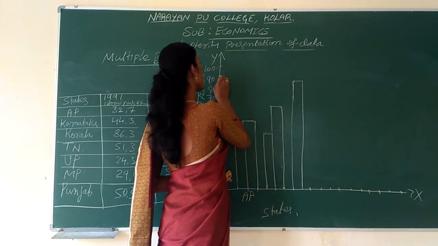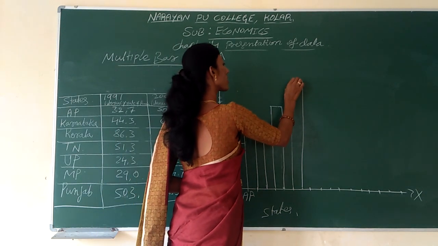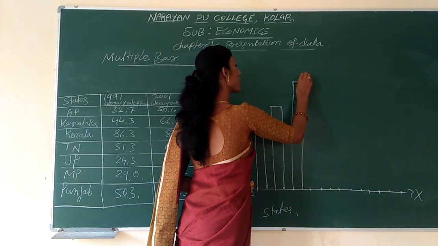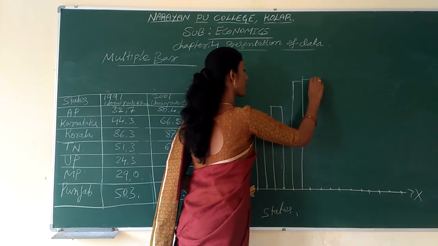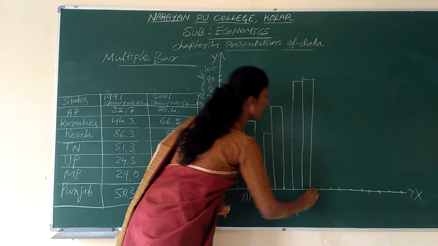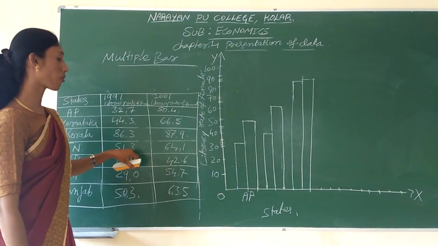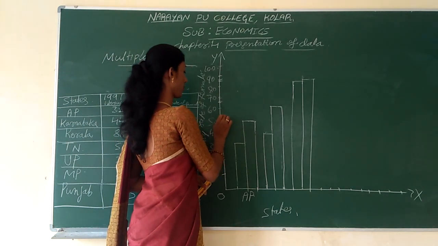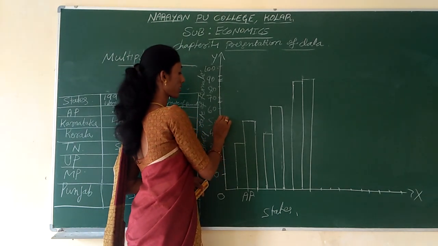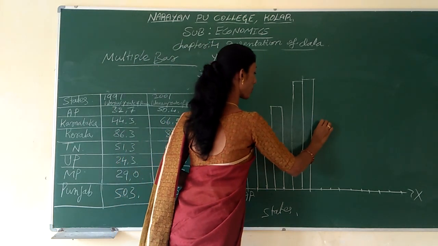Slightly, if you take one more space, that is 87. Next, Tamil Nadu, 51.3. 51.3 means 51 only.